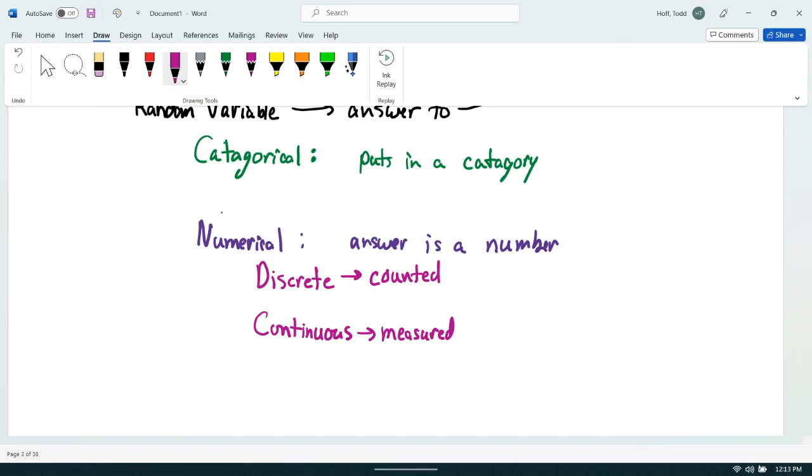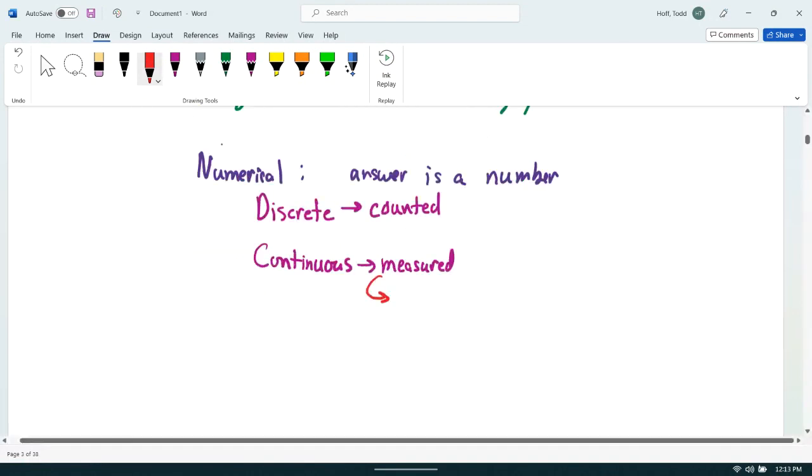If I'm timing a task, can I count the seconds? Sure, but how did you decide that you wanted to just time it in seconds and not tenths of a second or hundredths of a second? Oftentimes, with measured things, we have to artificially or just arbitrarily decide on rounding.